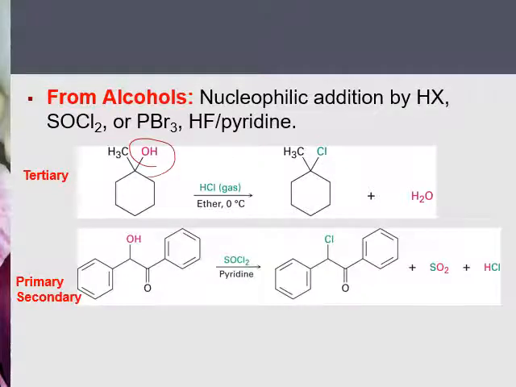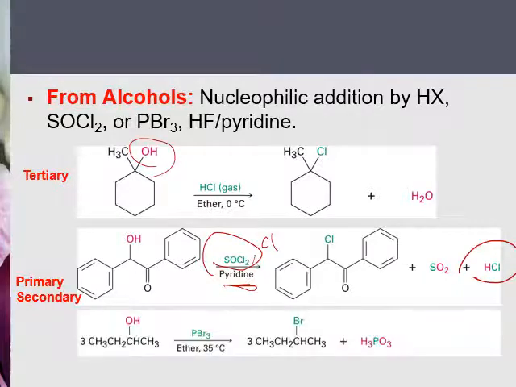If it's secondary or primary, then you need a reagent such as thionyl chloride, which provides chlorine. Now, if you use thionyl chloride, pyridine has to be added to quench the hydrogen chloride that is formed in the product. If you want to replace hydroxy by bromine, then phosphorus tribromide needs to be added.